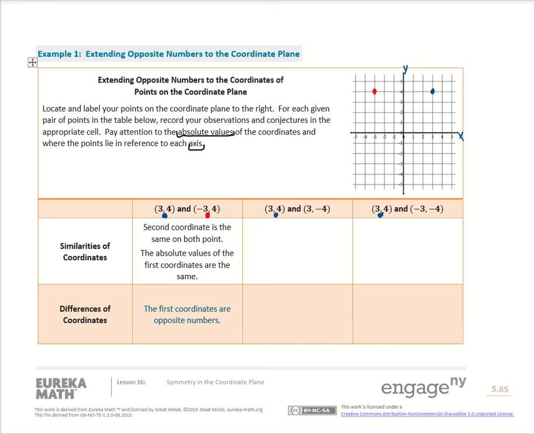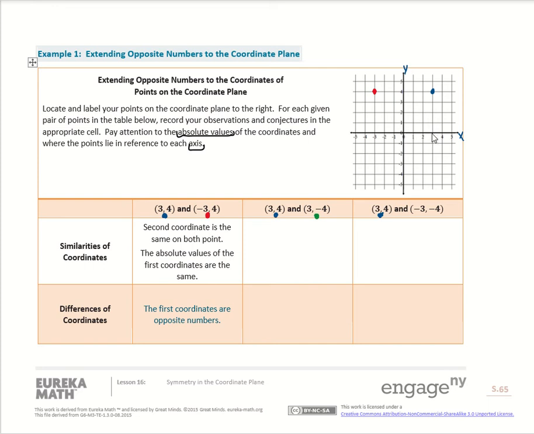For this next group, we have 3, 4, same point. Now we have 3, -4. So we're going to have to pick a new color for that one. This one's going to be our green point. We already have 3, 4 plotted. This time we're going to plot 3, -4.